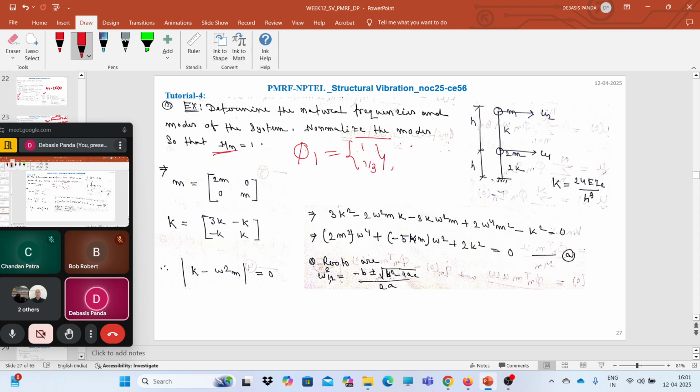The mass matrix is also given, say for example 20, 18, 0, 0. Now they will give phi 2 also, say 1 and minus 1 by 3, and they will ask to normalize the mode shape in such a way that Mn should be equal to 1. That means what they are asking for?